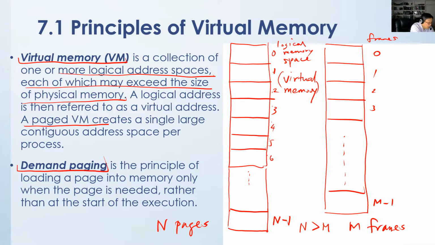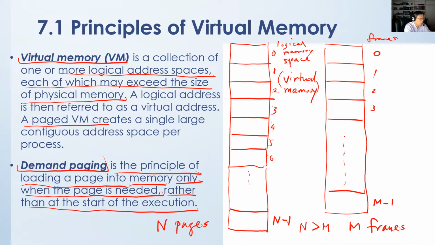Demand paging is the principle of loading a page into memory only when the page is needed, rather than at the start of the execution. We don't load all the pages into memory, because in this case it's impossible. When we start to execute a process, we may only execute a small part of it, for example starting from the main program.